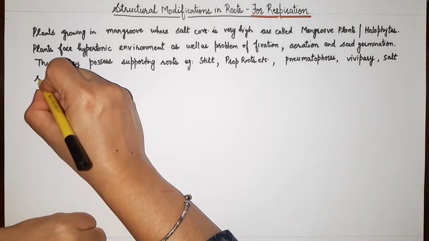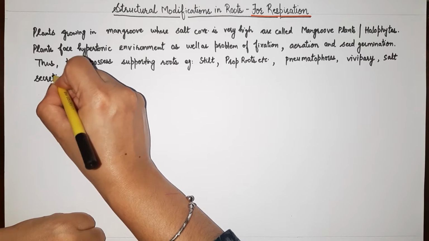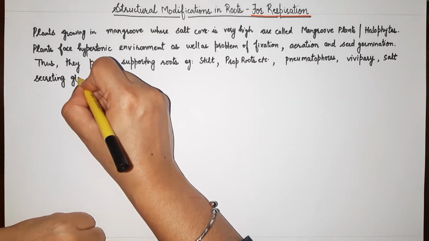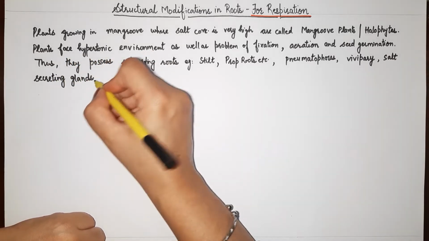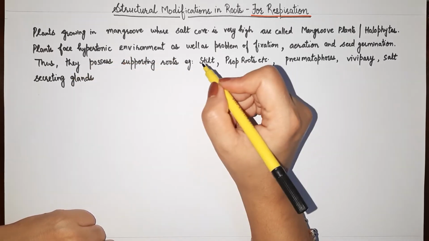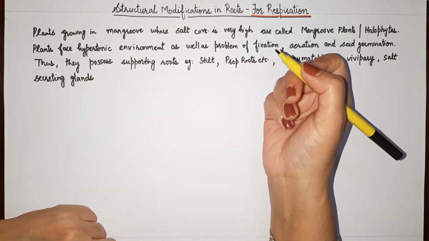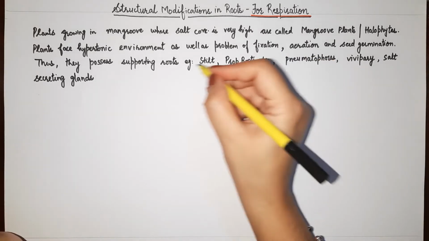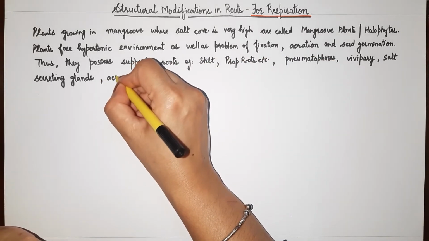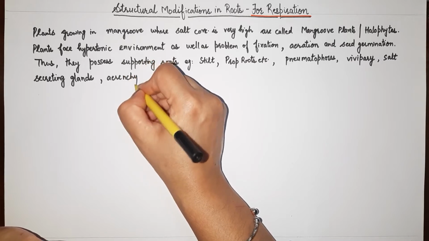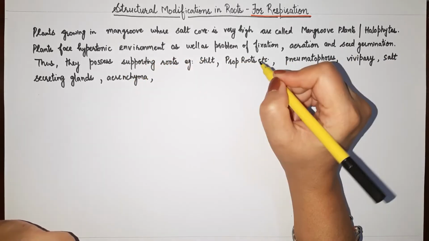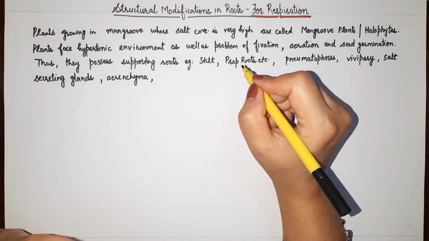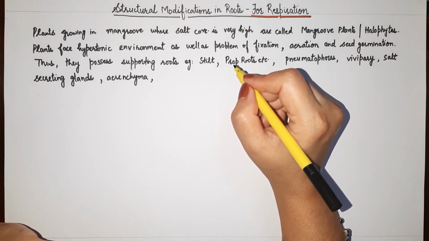Salt secreting glands. These are because they are growing in hypertonic conditions, so the extra salt absorbed with water should be excreted out of the body. So they have salt secreting glands. Then a lot of aerenchyma. Aerenchyma is required in order to have proper gaseous exchange through stomata.